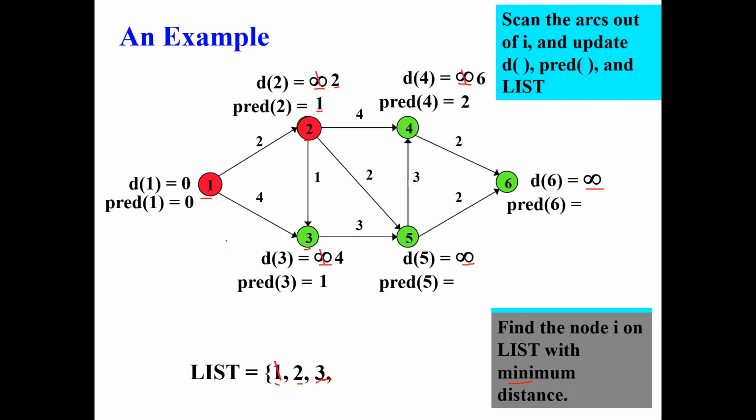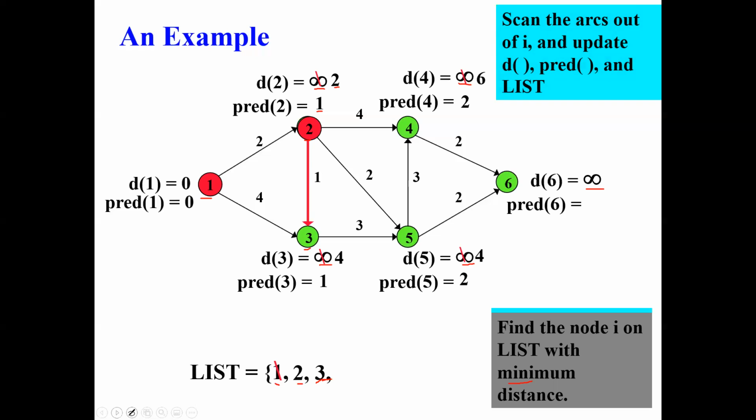We do the same thing for the next one. You can also reach 5 from 2. The distance is going to be 2 plus 2, which is 4. So it's smaller than infinity, and we update the predecessor of 5 to 2. Finally, from 2 we can also reach 3.